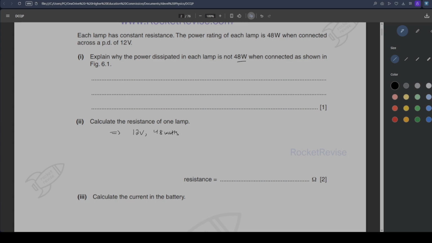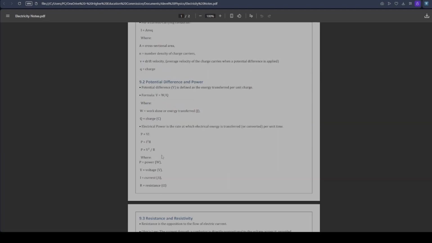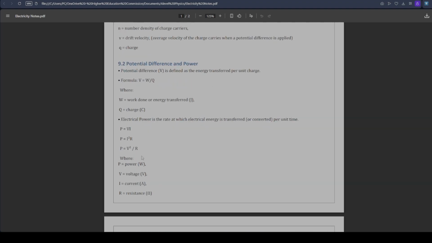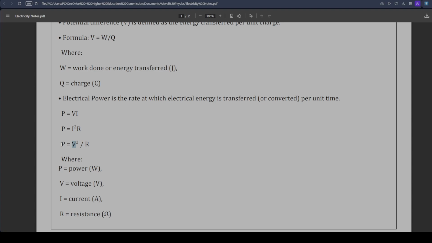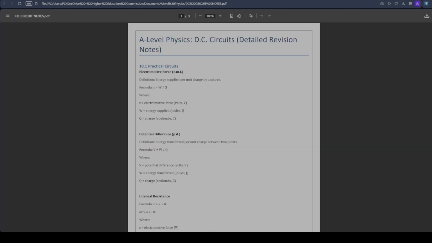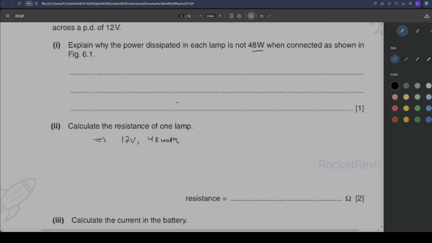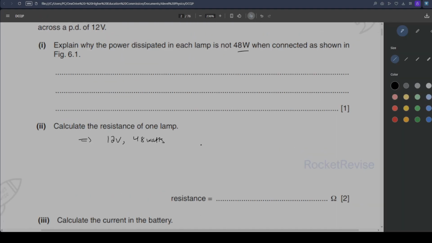And if we look at our formulas, we have power is equal to VI, I square R, and V squared over R. Now this is the formula we're going to be using. We have V, we have P, we need to calculate R. So P is equal to V squared divided by R.